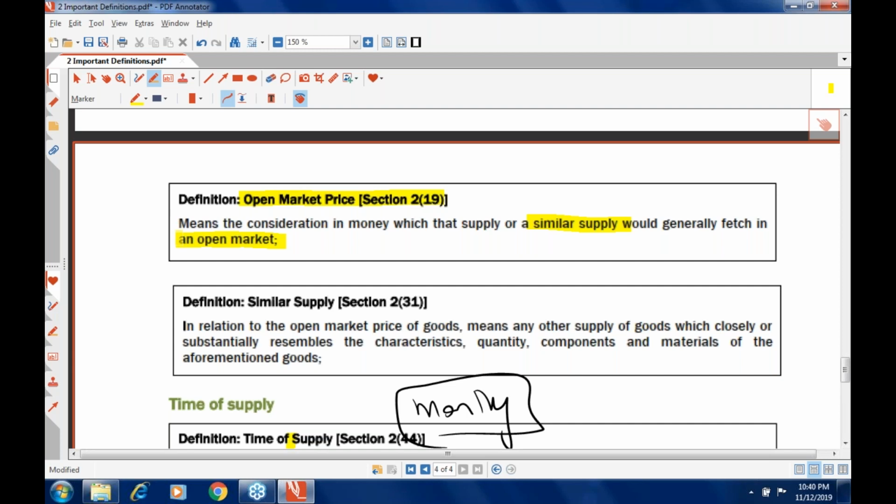Now, what next is it? It says definition of similar supply. Now, what is similar supply? Let's try to understand.